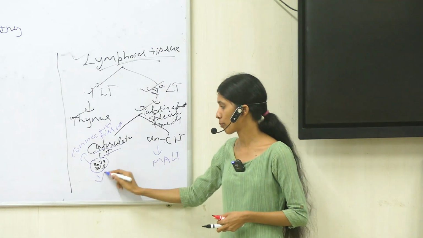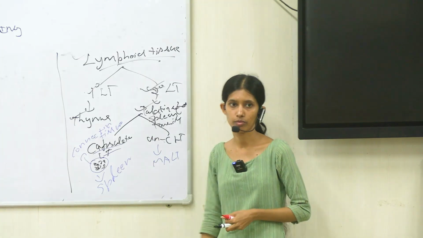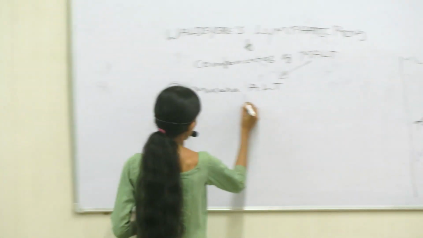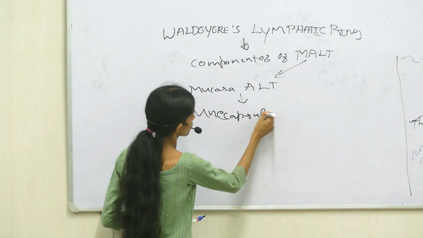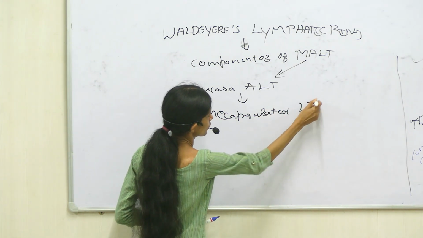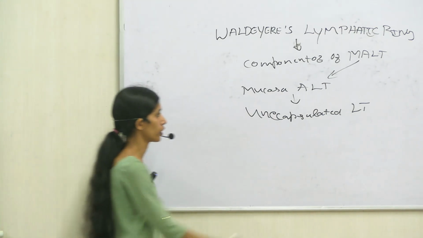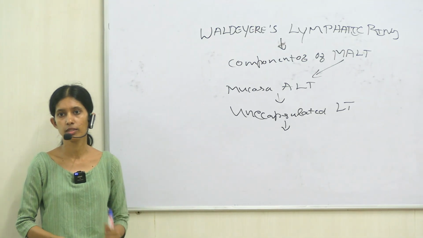And the example for capsulated is your spleen. So your MALT is the uncapsulated lymphoid tissue. Where can we see these types of lymphoid tissues? In which part of our body is it present?